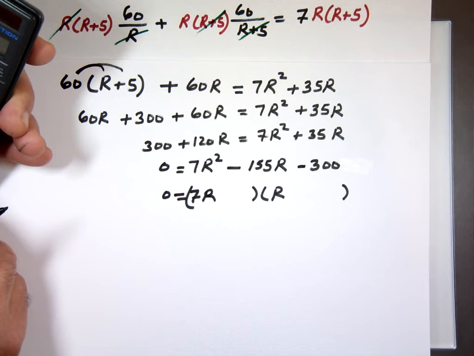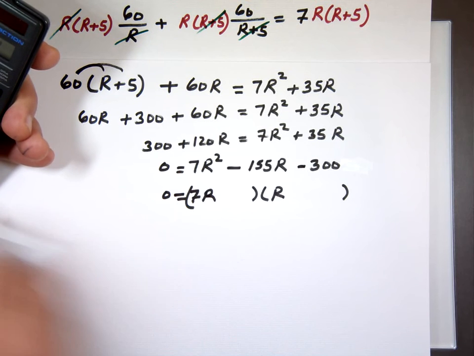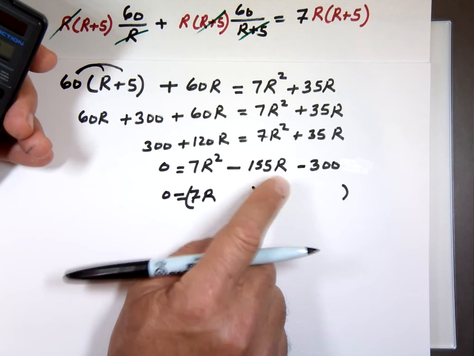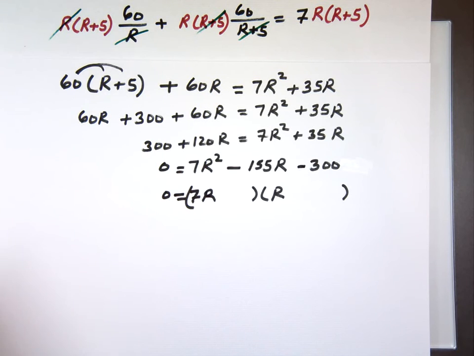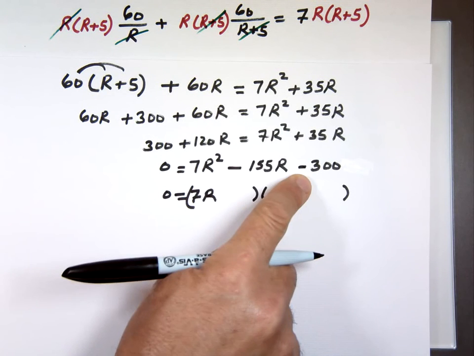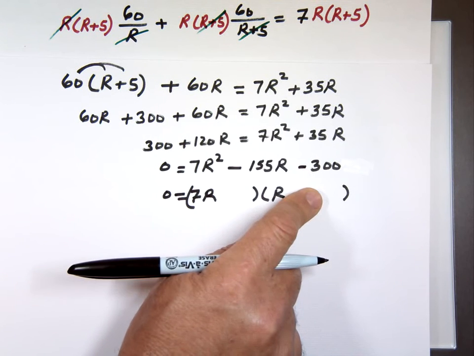One's plus, one is minus. That will not work. It won't give me that number. In my head, I was trying to get the 20 to work out. If that number was actually a plus here, I would have had the 20 and the 15. That would work out beautifully.